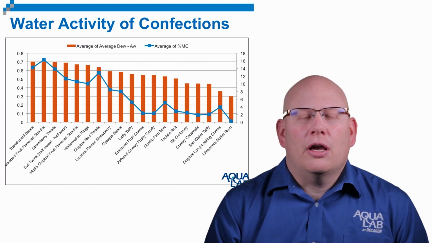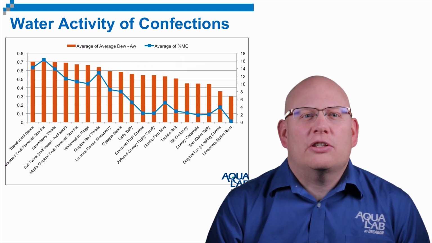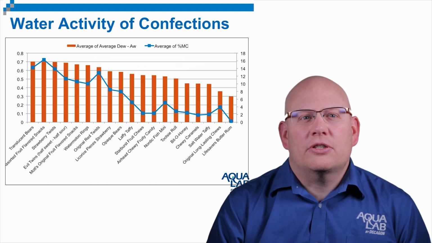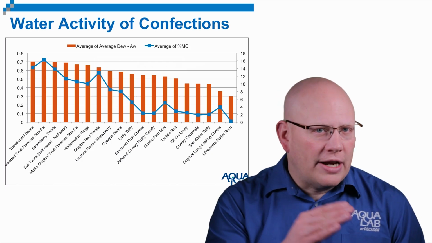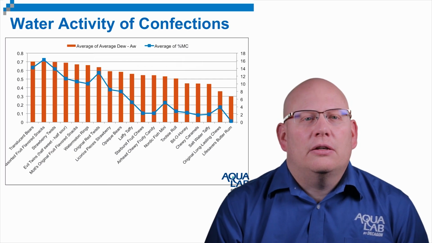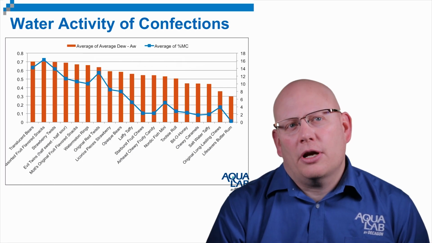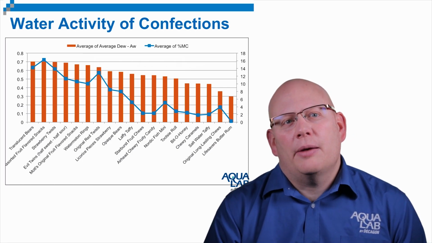And there are certain areas where we see distinct differences, such as for the red twists, where the water activity is just slightly higher than the other licorice product, but the moisture content is significantly higher in that particular product.